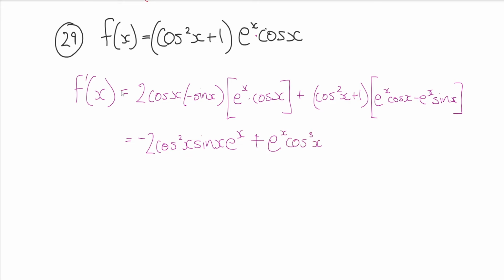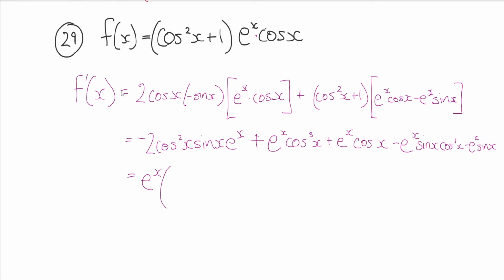Cos cubed x plus e to the x cos squared x. No, plus e to the x cos x, right? Good. And then minus e to the x sine x cos squared x minus e to the x sine of x. Okay, so I don't think I can really bring anything together, but I can factor out an e to the x.